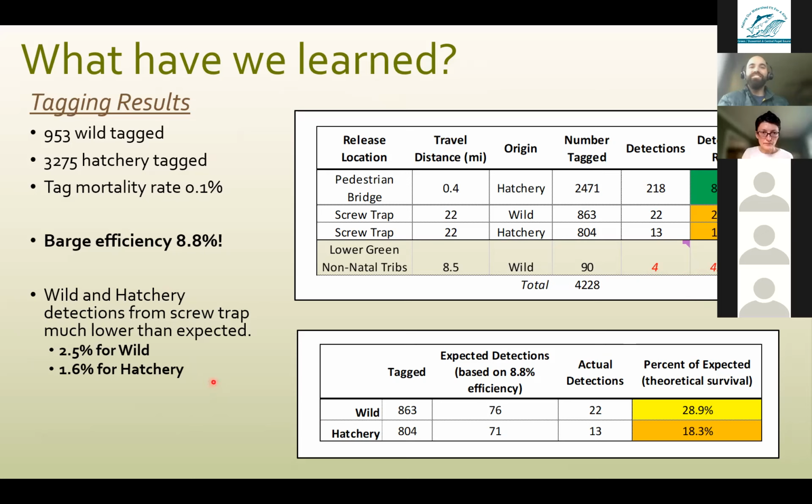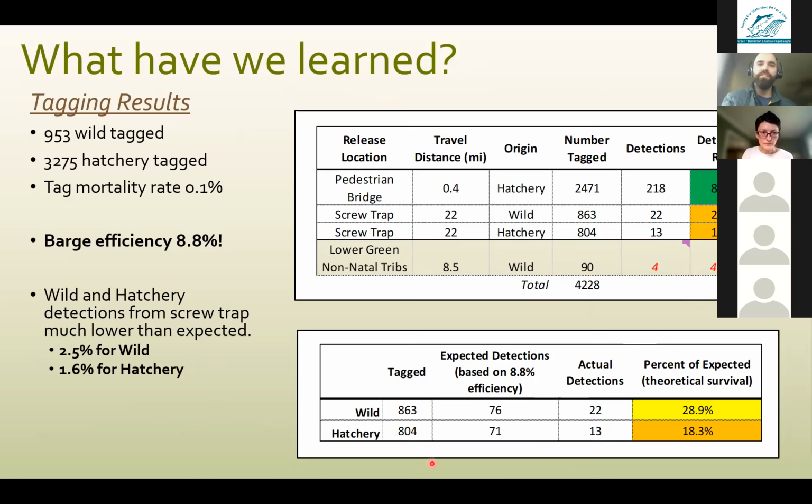So looking into that discrepancy, the 2.5 and 1.6%: the idea with the efficiency trials is that once you understand how well the barge works, you can apply that to your tag numbers further upstream and have a number of detections that you would expect based on that efficiency.